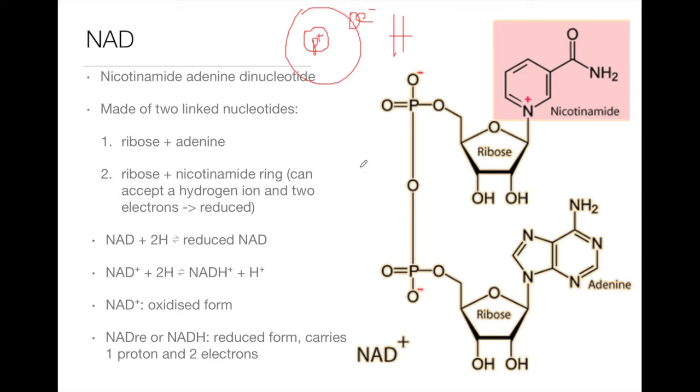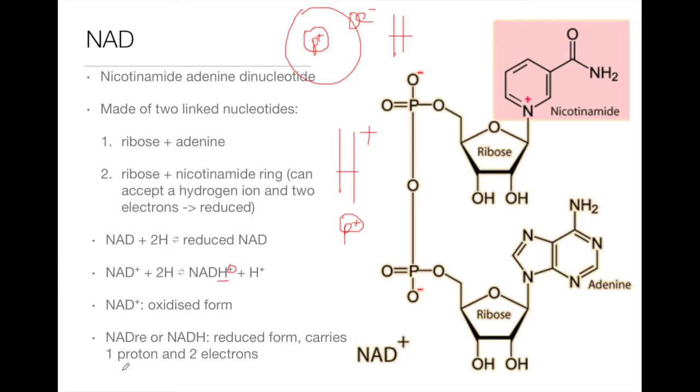Hydrogen plus is the ion or cation of hydrogen that has lost one electron. So what is left is a proton. Hydrogen plus is one proton.